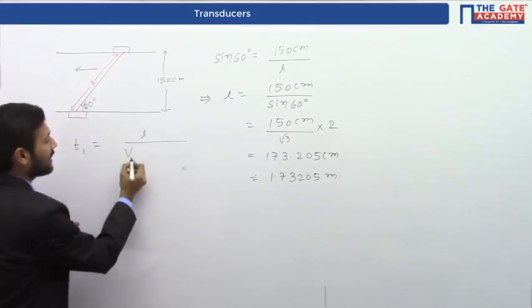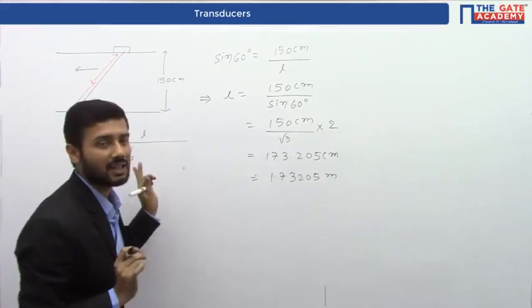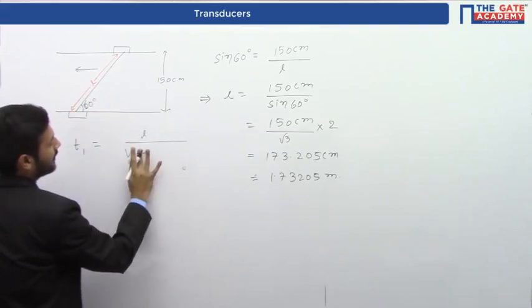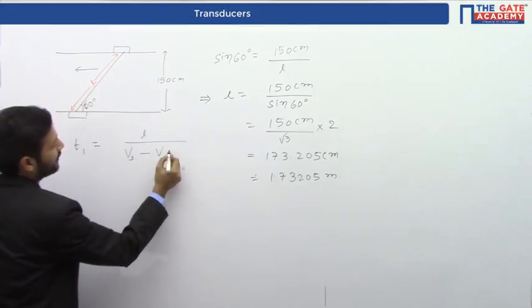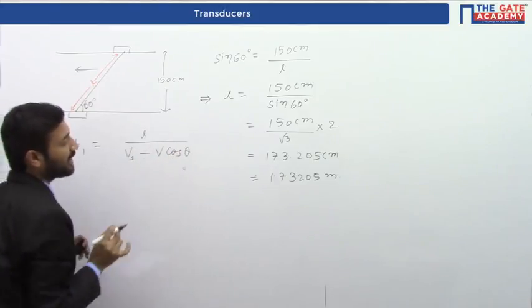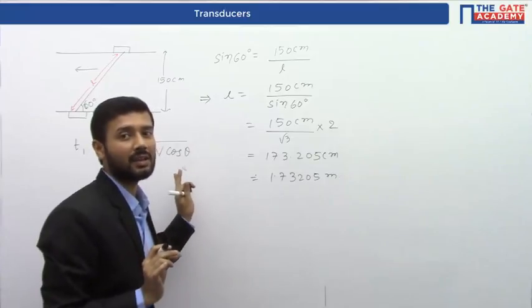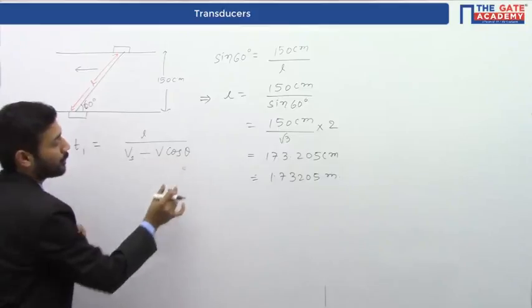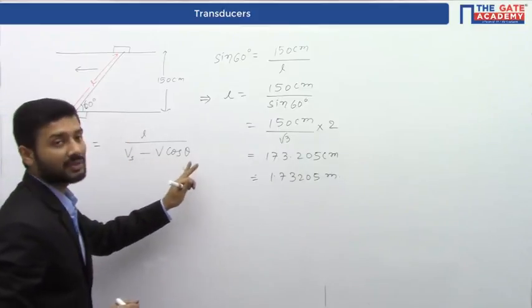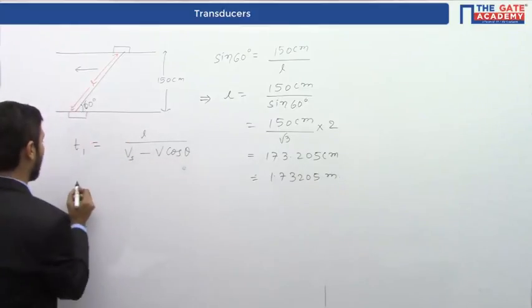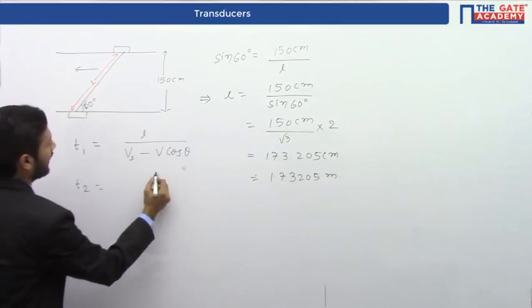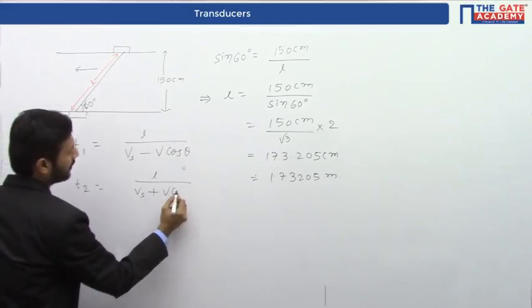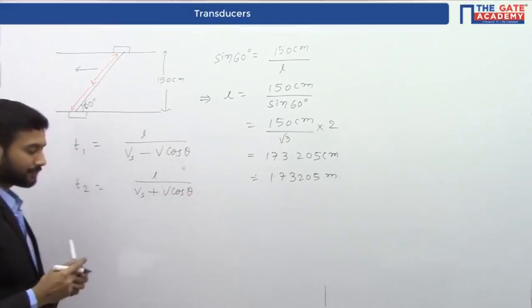Suppose I am writing Vs as the sound velocity, and V as the fluid velocity of the fluid flowing through the conduit. So V is our fluid velocity.